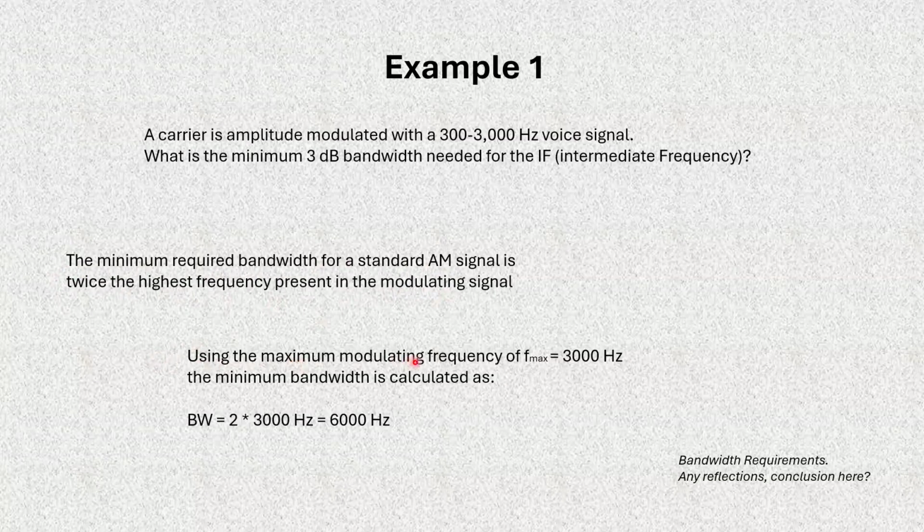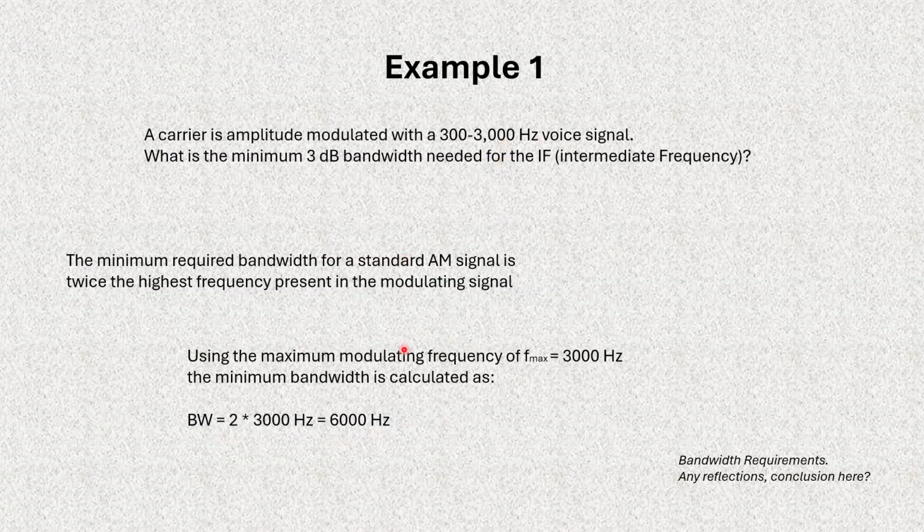The maximum modulating frequency is 3000 hertz. So that's as far as those sidebands are going to stretch. Multiplied by 2, what do we have? 6000 hertz, which is twice the highest modulating frequency present in the signal.